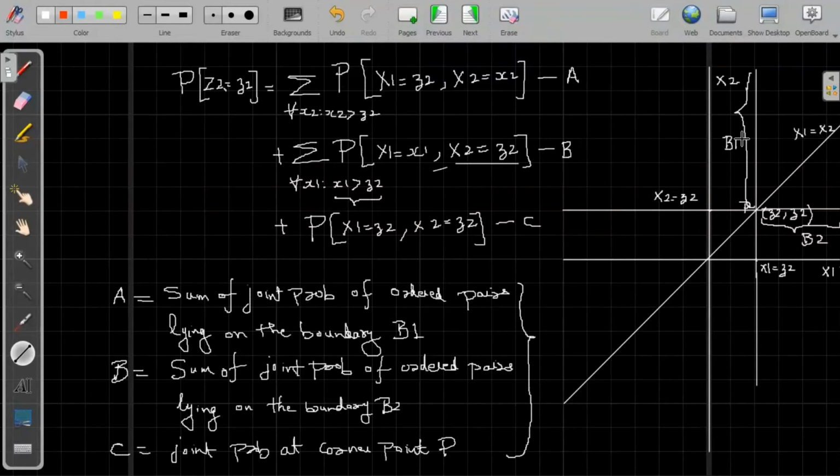So combining the boundary B1, B2 and point P, we can see the overall boundary that we will get, which I am going to draw here with a red line. So this is the boundary that will determine the probability Z2 is equal to small z2.